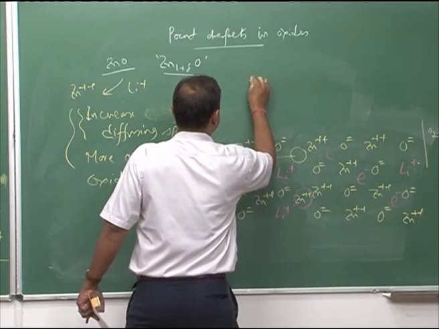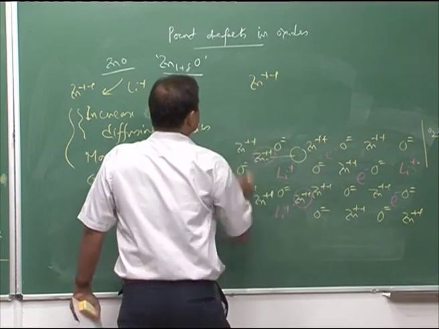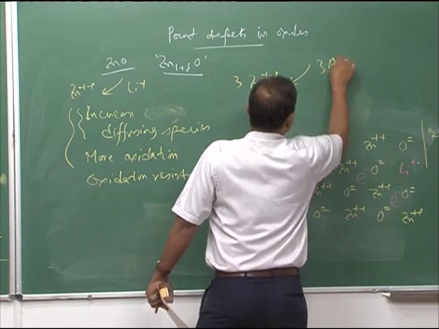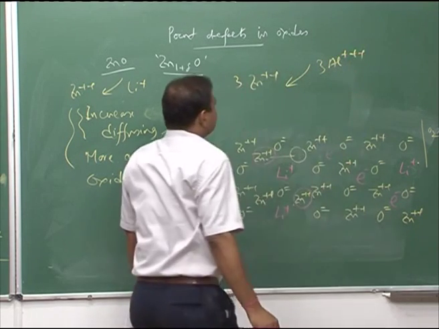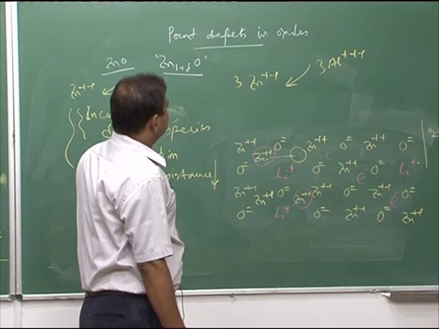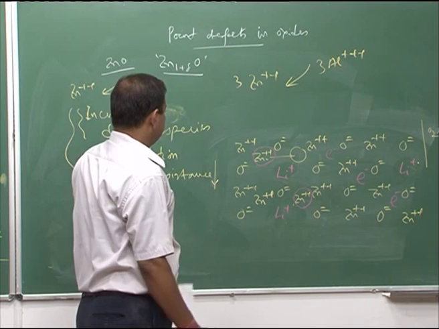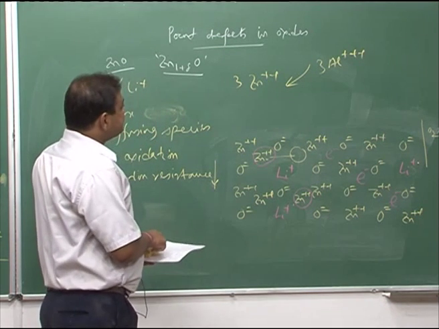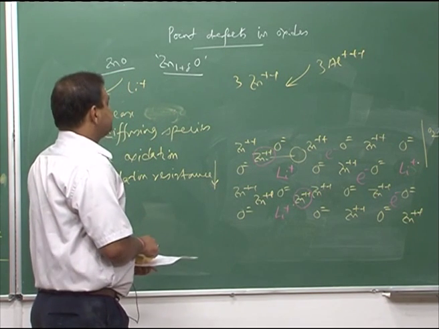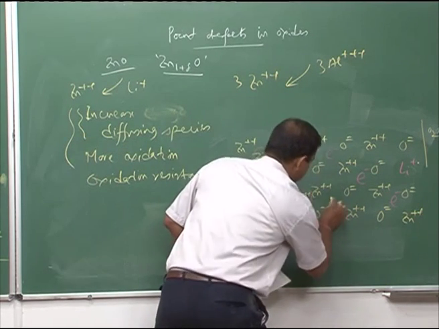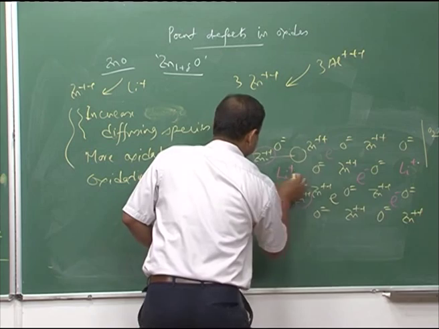Now, let the situation be like this. So, 3 zinc cations are replaced by 3 aluminum cations. So, that means we have 3 extra positive charges. In that case, in order to balance those 3 extra positive charges, we can increase the electron content.